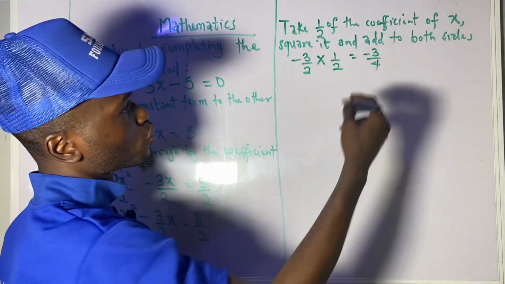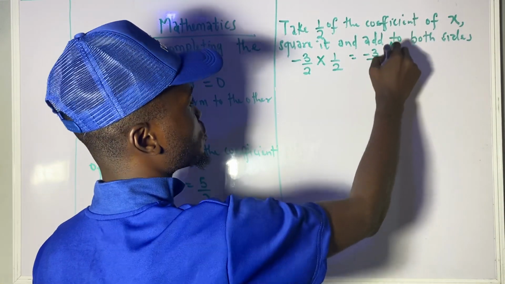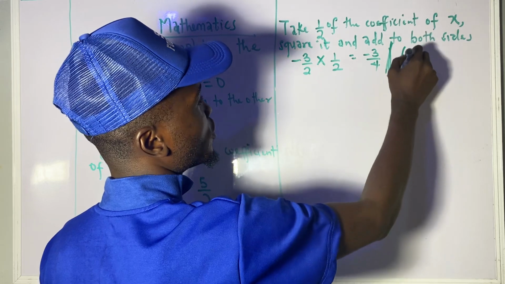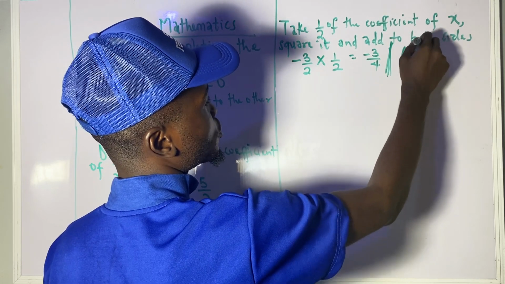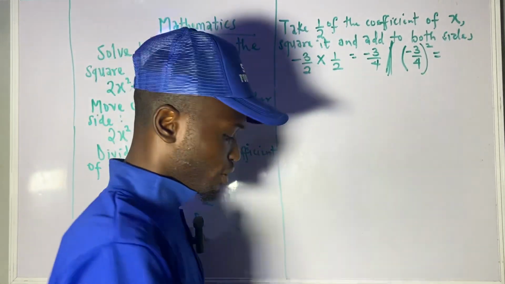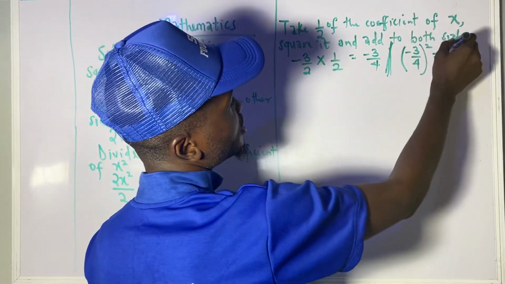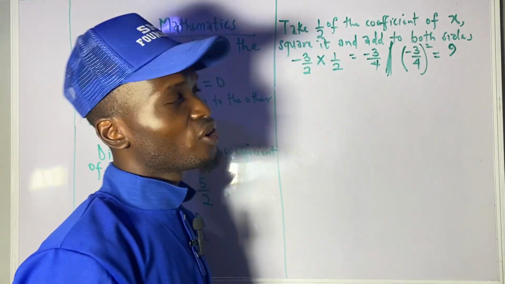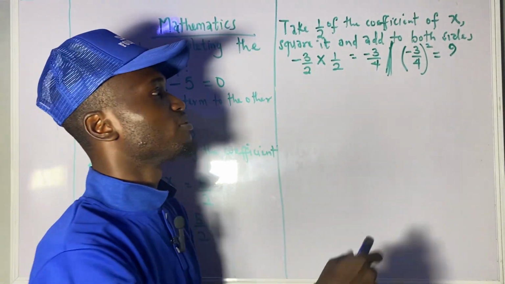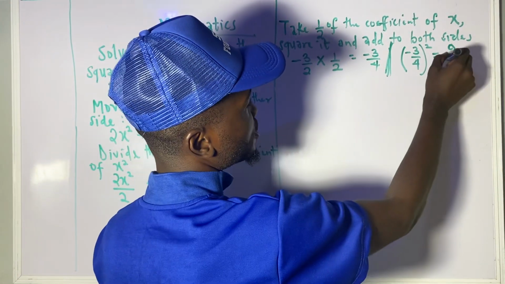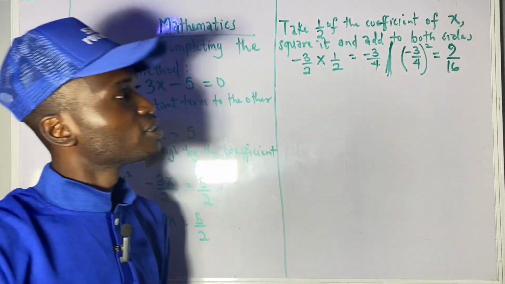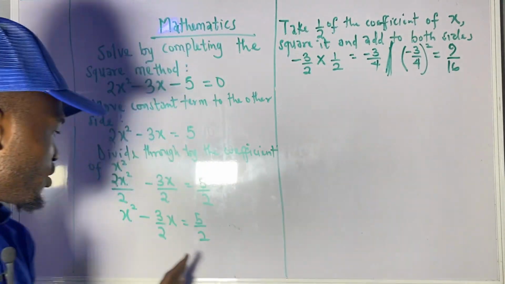So we still have to square it. The square of minus 3 over 4 will give me minus 3 squared, which is positive 9, because the square of a negative number is positive. Then 4 squared will give me 16. Now we are adding 9 over 16 to both sides.